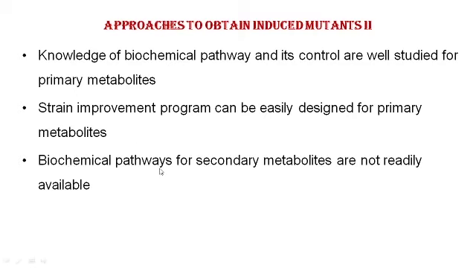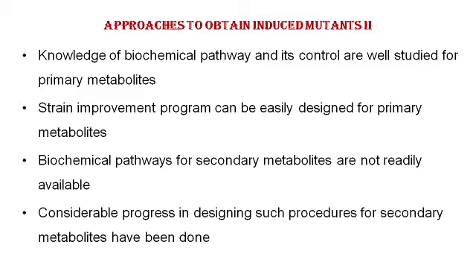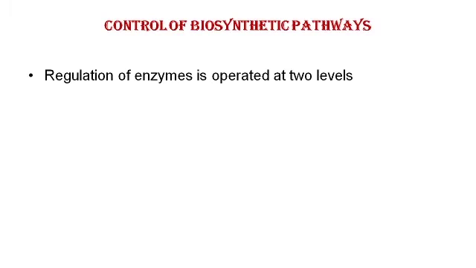But the biochemical pathways for secondary metabolites, like antibiotics, are not readily available. Still, since a category like antibiotics has a large demand in the market, considerable progress in designing the procedures for secondary metabolites has also been made.